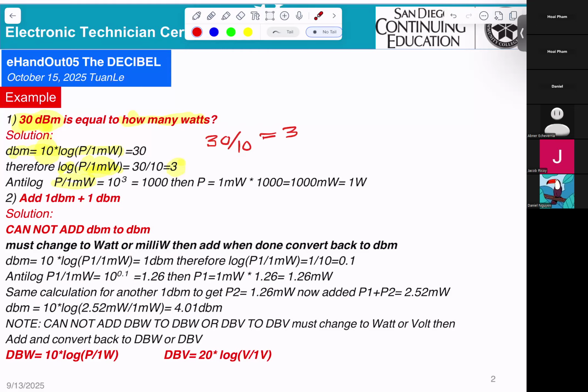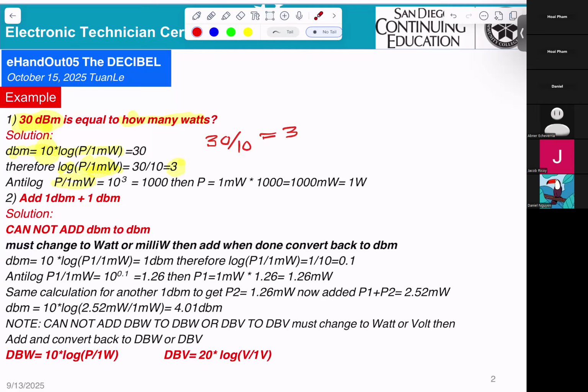You have to convert to milliwatt or kilowatt, and add them up, then convert back into dB watt or dBm or dB volt. Okay?